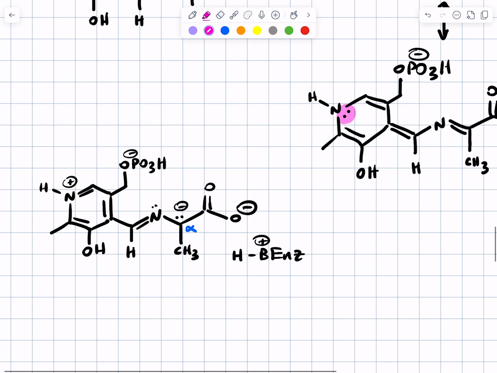Okay, in any case, I'm going to highlight in pink all of the places where resonance would show you that lone pair can be. Notice it's every other atom. That's just how resonance works.